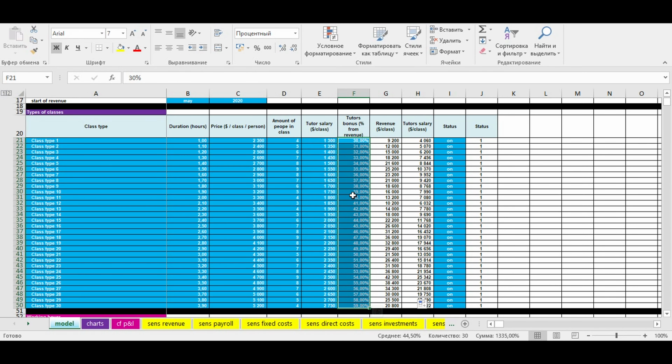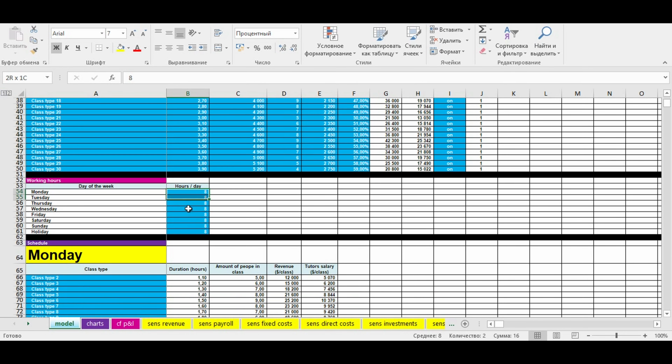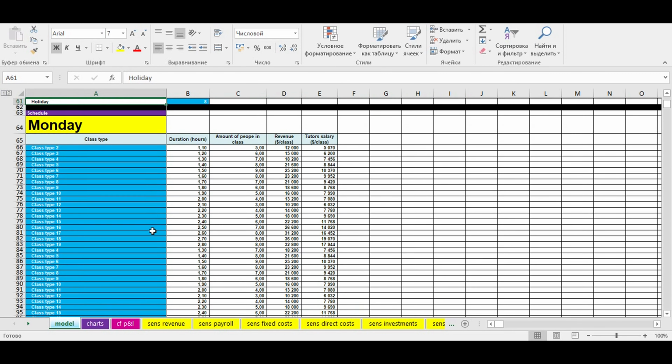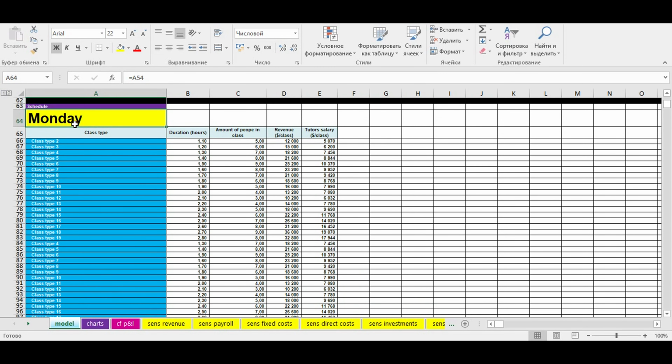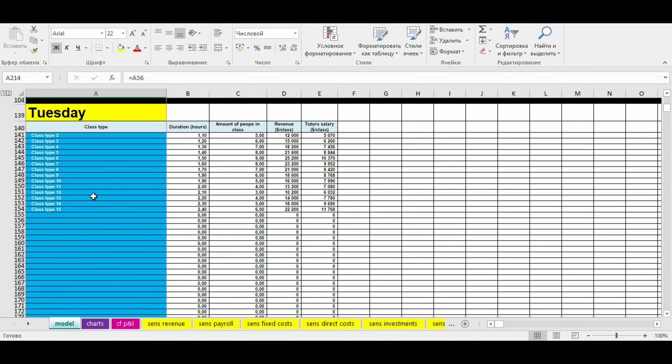In the next block of inputs, we set up the amount of working hours for each day of a typical week plus holiday. What we are going to do now is to create a schedule of a typical week. We take every day of the typical week and enter the classes.